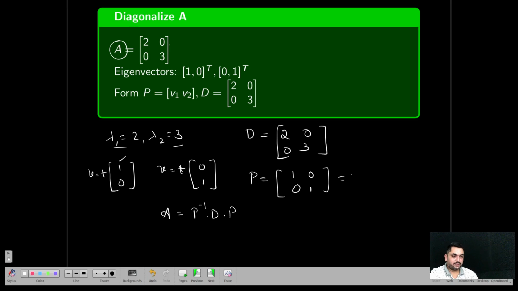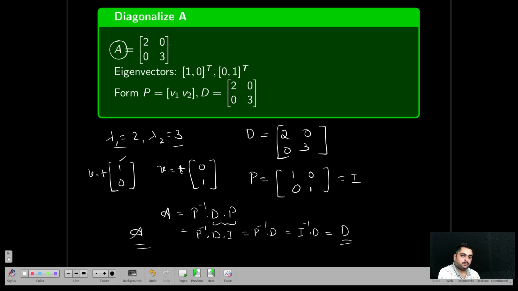If you observe here, P is the identity matrix in this example. So P D P inverse means I D I inverse, which is D. So A is equal to D. Hence, this matrix is diagonalizable.